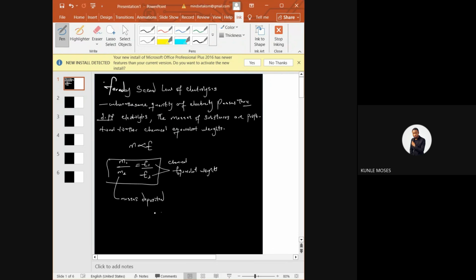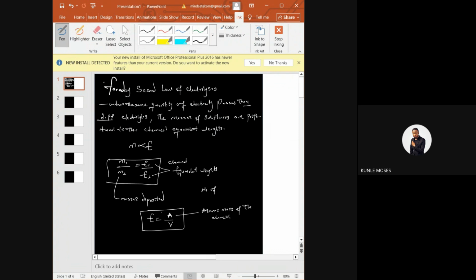There is a formula which says E equals A over V. So the A here represents the atomic mass of the element. If they don't give you the atomic mass of the element, remember we have number of moles equals mass over molar mass.